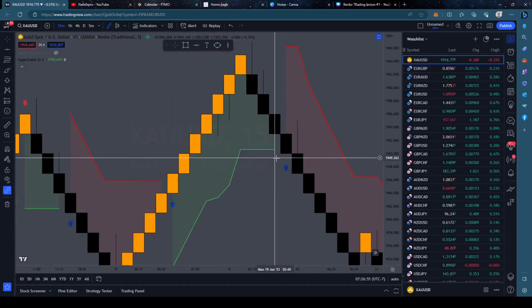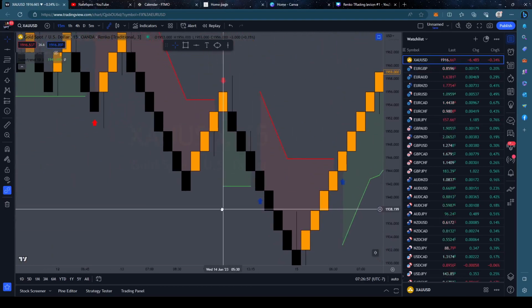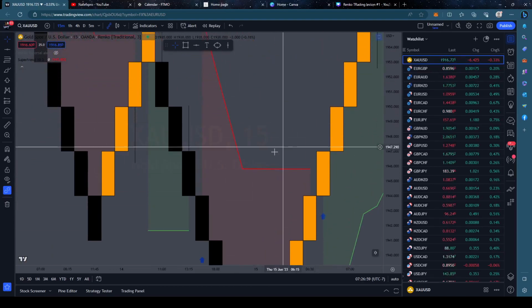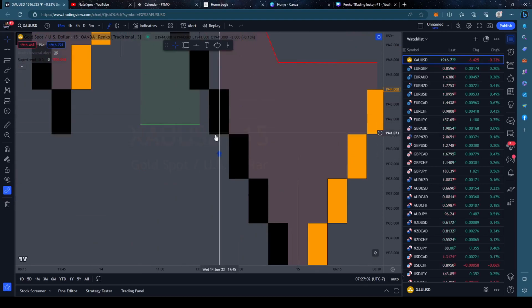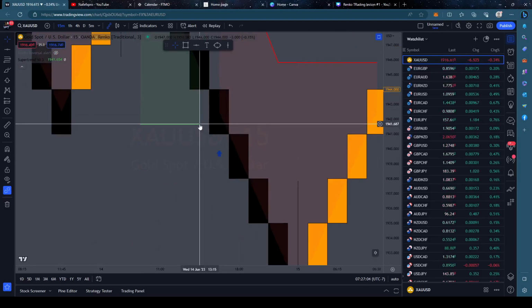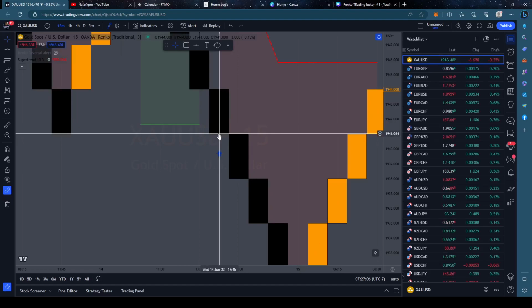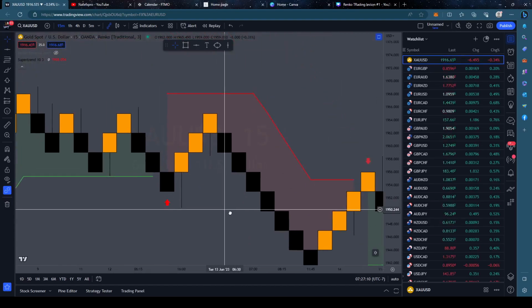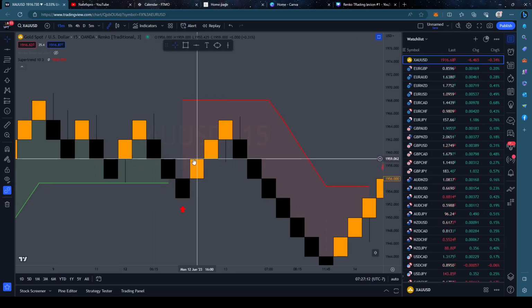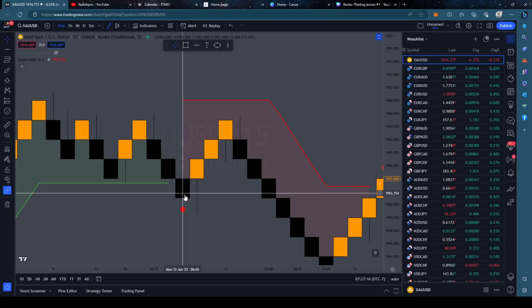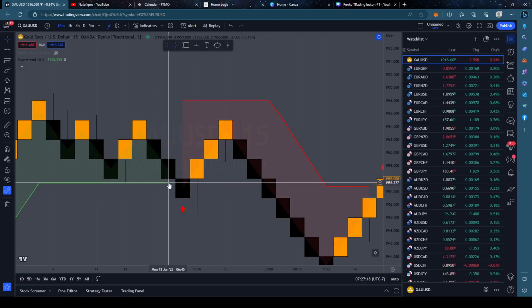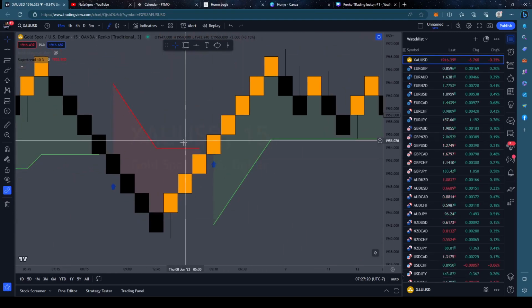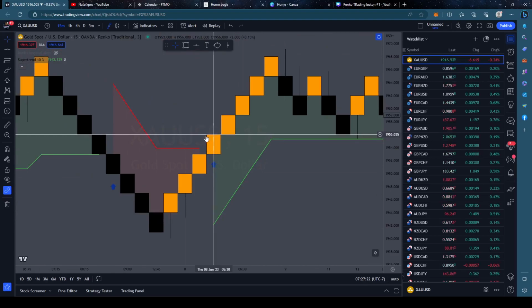So let me just show you a bunch of examples before we actually show you the back test results. Once again, it closed underneath the green level, sell. Let me just keep going. We had a sell close below the green level. We had a buy brick close above the red level.